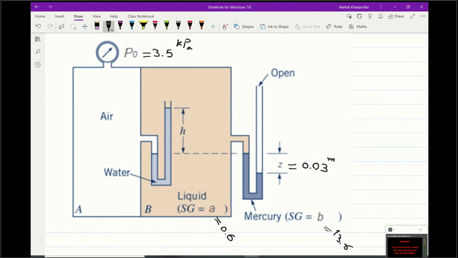Always use gauge pressure, except if I push you to use otherwise, just use gauge.